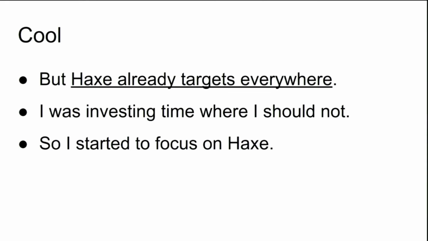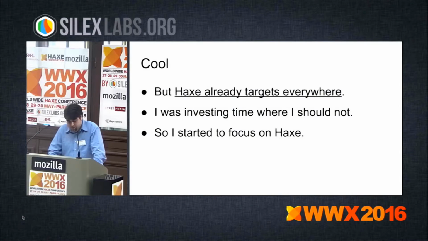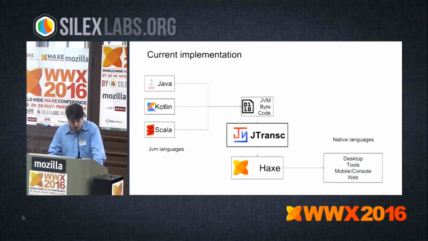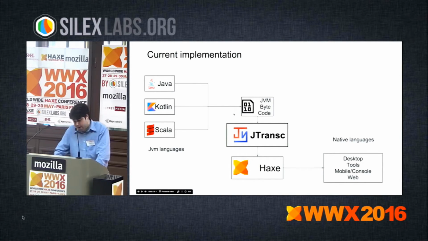So cool, but Haxe already targets everywhere. So I was investing time where I should not. And I started to focus on Haxe. So the current implementation looks like this. From a JVM language that converts to JVM bytecode, and JTransc just converts it to Haxe.